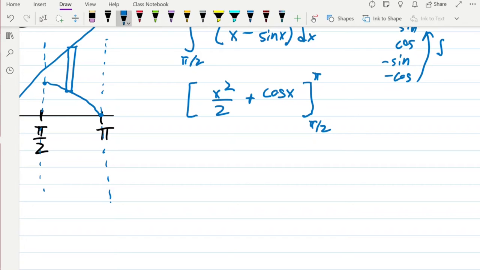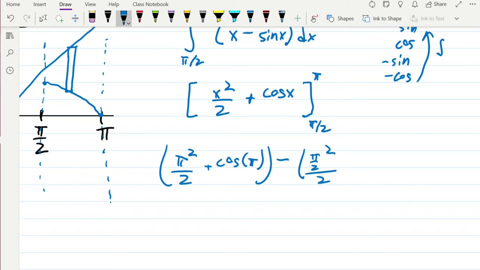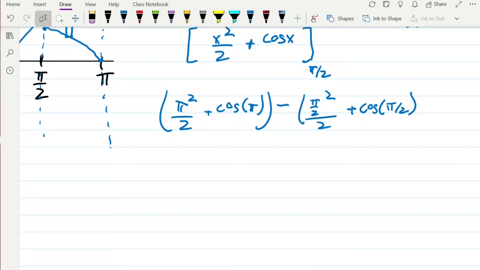All right, from there we will plug in. So we're going to have pi squared over 2 plus cosine of pi, minus pi over 2 squared over 2 plus cosine of pi over 2, which will be equal to 0. So we're going to get pi squared over 2 plus, actually it'll be minus 1 because cosine of pi is negative 1.